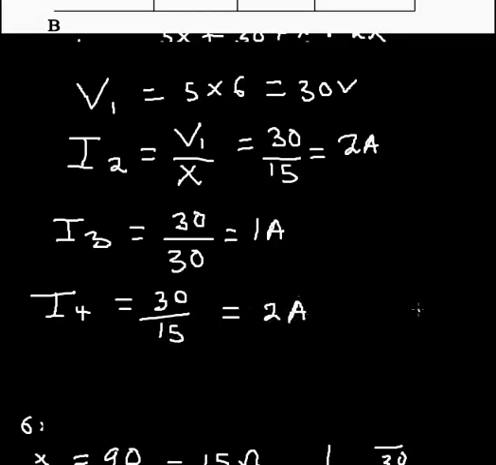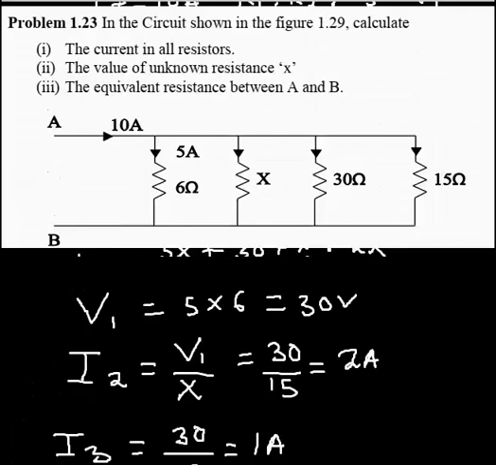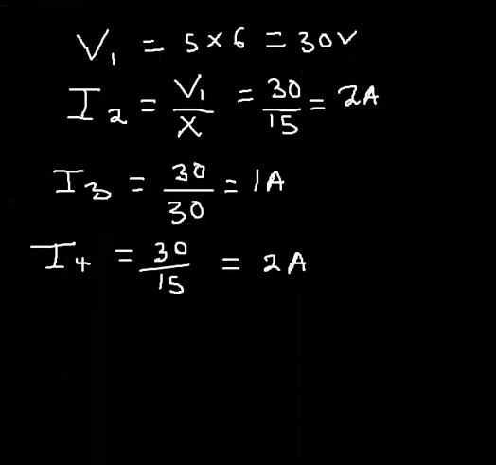So you discover that, to show that this is correct, if I should add all these currents, I1 plus I2 plus I3 plus I4, they should sum to the total current. Of course, they should.